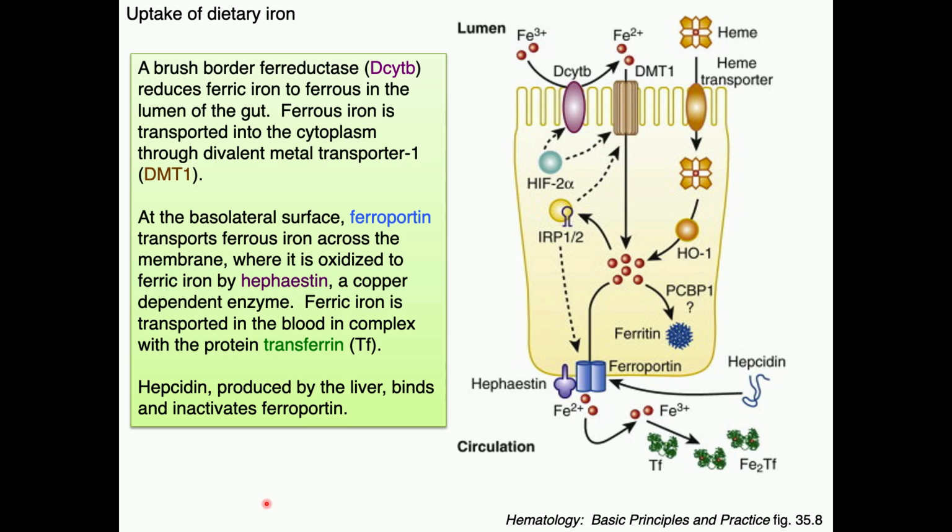So we'll revisit that translational regulation shortly. Okay, I think that's all I'm going to say about that. And just a reminder that hepcidin, this is the endocrine control that is blocking this whole process in the conditions of abundant iron.